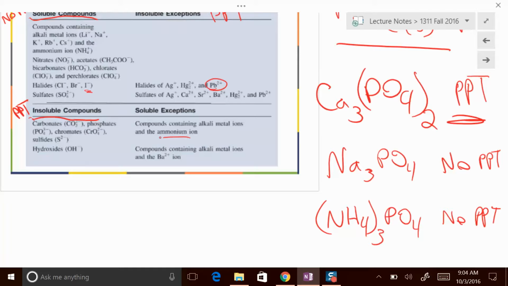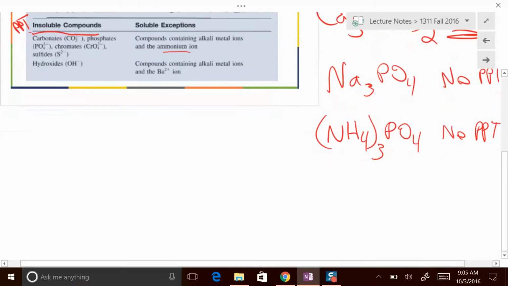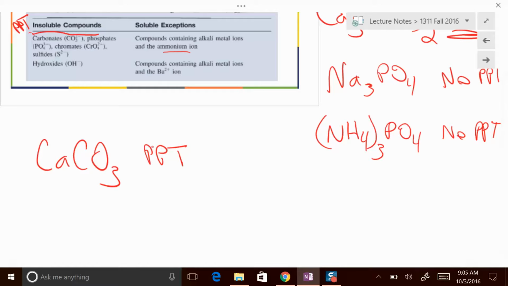What if I wanted to make calcium carbonate? Okay, this is a precipitate. It's an insoluble product. If I want to make it, what do I start with to make it?